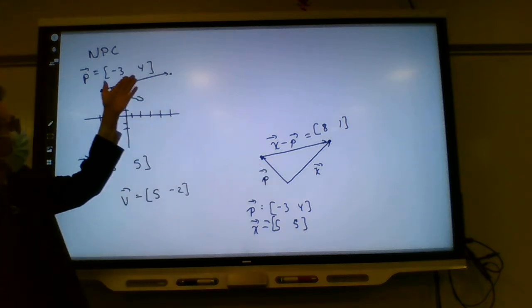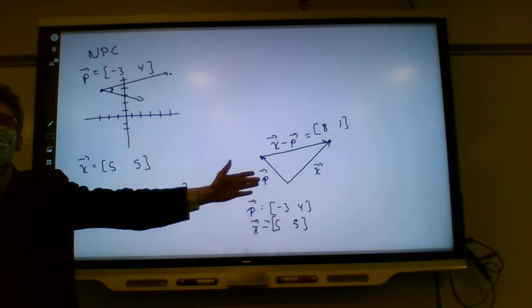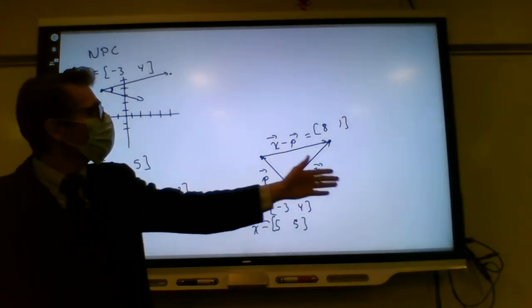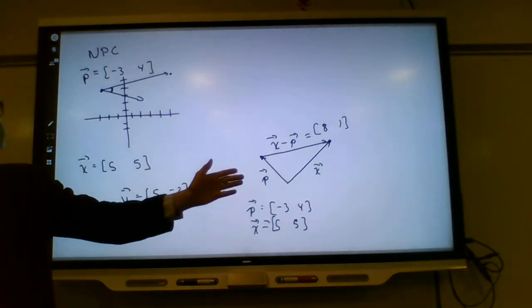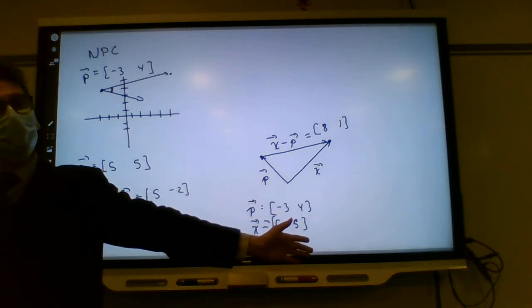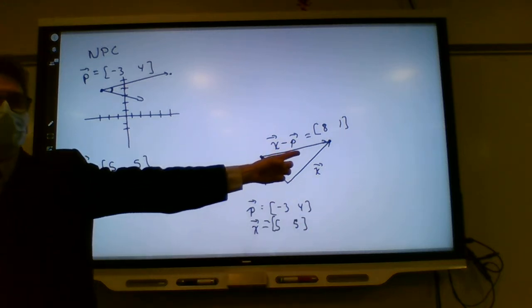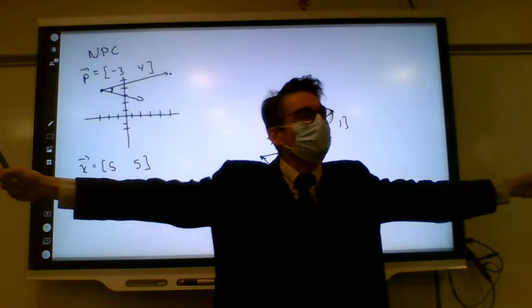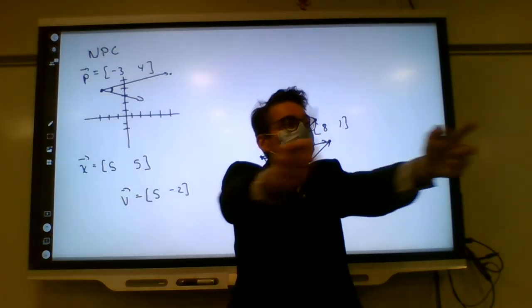An angle that is, well, doesn't even have to be less than 90. It could be anything less than 180 degrees, right? Because it could be anything from left to right as long as it's less than 180 degrees.